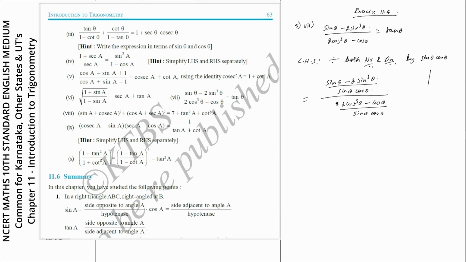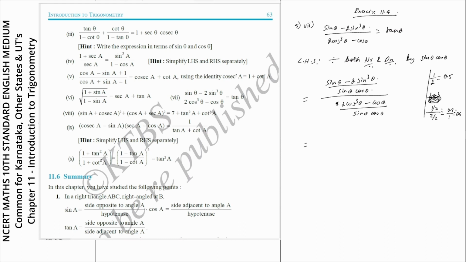For example, 1 by 2 is 0.5. If I divide 1 by 2 and 2 by 2, I'll get 0.5 by 1, which is equal to 0.5. The value will not change. So here also effectively I am making no changes.